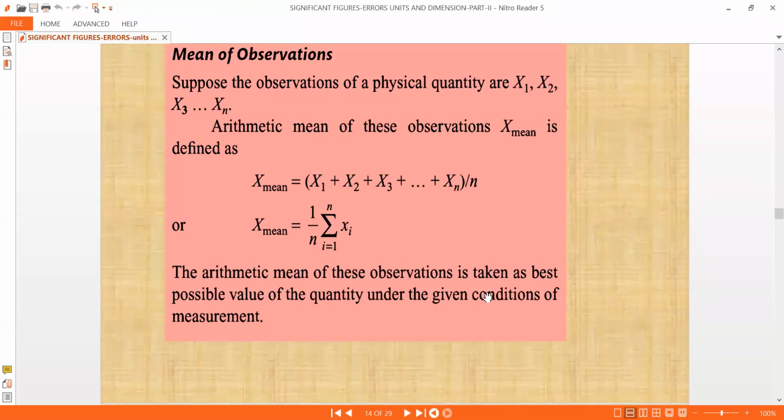The arithmetic mean of these observations is taken as the best possible value of the quantity under the given conditions of measurement. What we do is we take several observations and take the average value, and the average value is the best value you can get. So that is the idea.